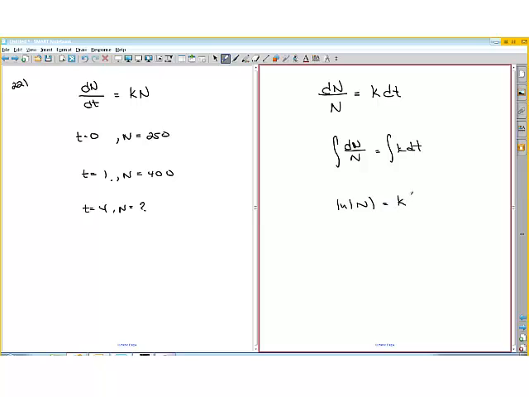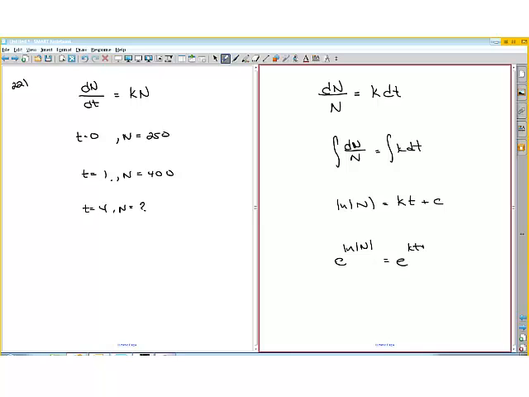So we have k times the integral of dt, which is t. We add our arbitrary constant. We exponentiate: e to the natural log of the absolute value of n is equal to e to the kt plus c.